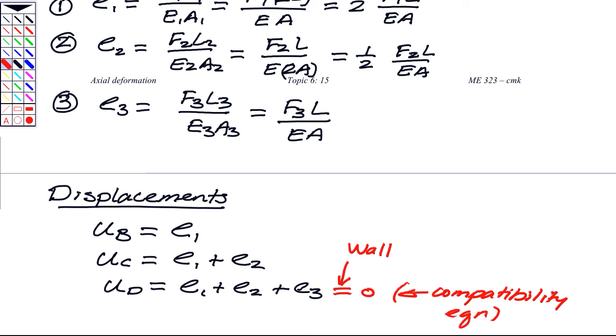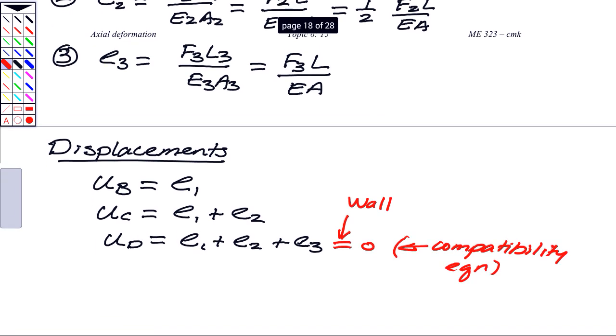The equation that relates together our elongations. So what I'm going to do is take my elongation equations. E1, we recall, was 2F1L over EA. I add to it E2.